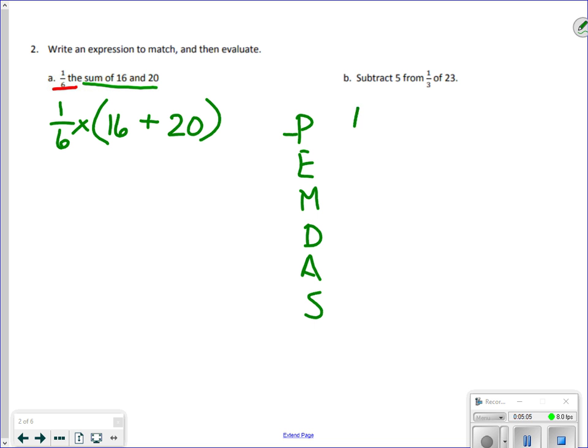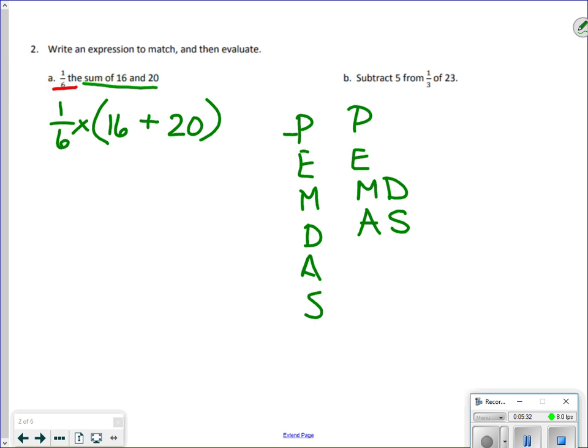So whenever I write it, I do multiplication, division. They're equal, as are addition and subtraction. They are equal. So, multiply and divide are equal.